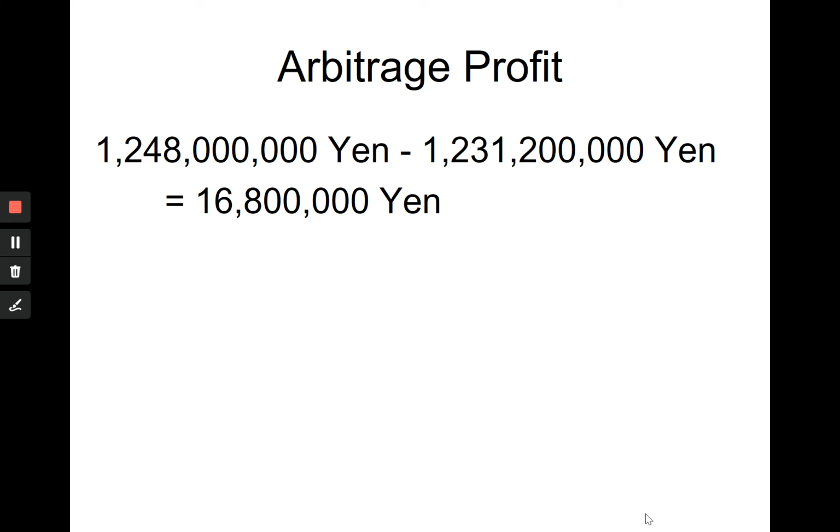Here is the arbitrage profit. The borrowers in Japan would give us 1,248,000,000 yen, and we give 1,231,200,000 yen to the bank. The difference is 16,800,000 yen of arbitrage profit.